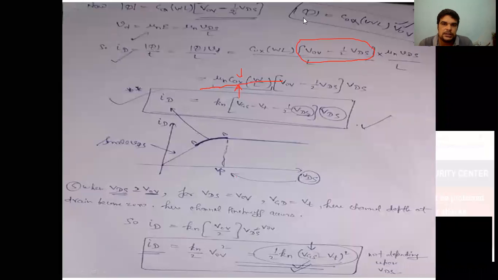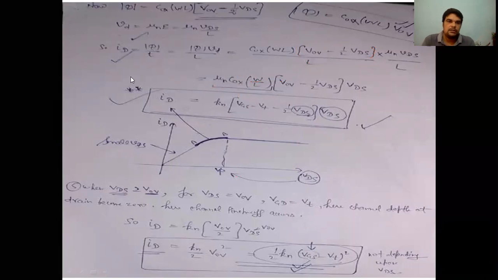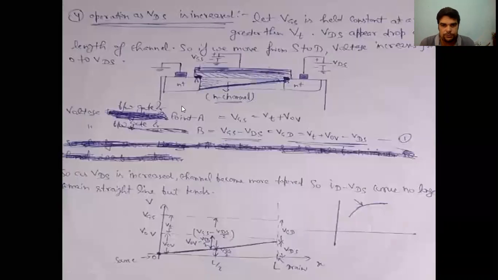So as VDS is increased, we will have to consider the effect of VDS. We did not consider it when VDS was small, but if VDS is increased to a considerable value, then we will have to consider it.